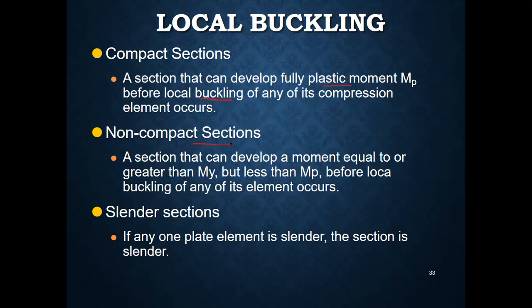Non-compact sections develop a moment equal to or greater than the yielding moment, but less than the plastic moment, before local buckling of any element initiates. Then we have slender sections: if any plate element is slender, then the entire section is considered a slender section.